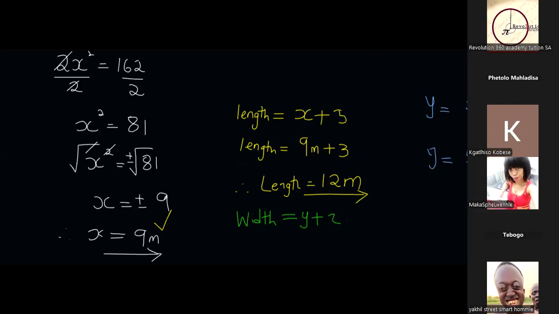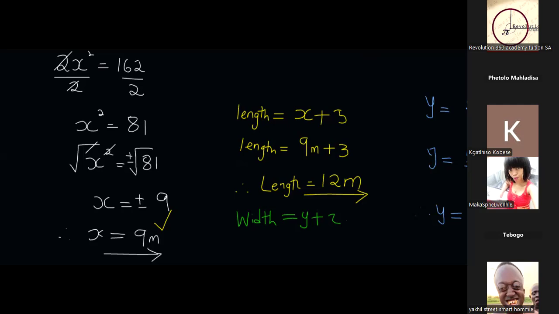Therefore, y is equal to what is 54 over 9? Let's see, 54 divided by 9. That's 6. We got 6. So you're going to write 6 here.